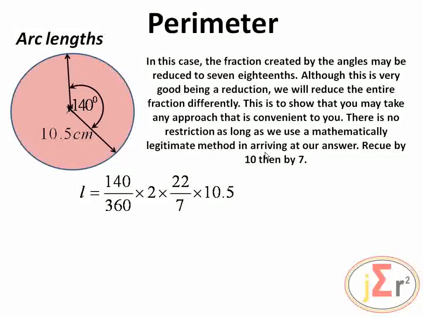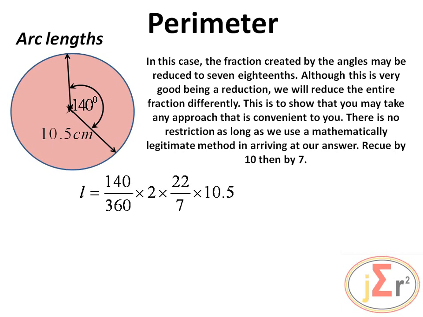In this case, the fraction created by the angles may be reduced to 7/18. Although it is very good being a reduction, we will reduce the entire fraction differently. This is to show that you may take any approach that is convenient to you. There is no restriction as long as we use a mathematically legitimate method in arriving at our answer.